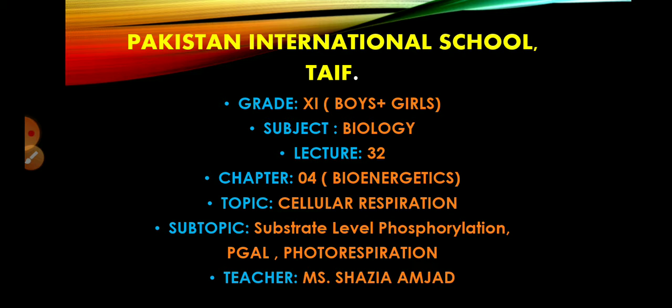Then we will see PGAL and its importance, what is this and how it is formed in the cell, as well as we will see photorespiration. So let's get started.